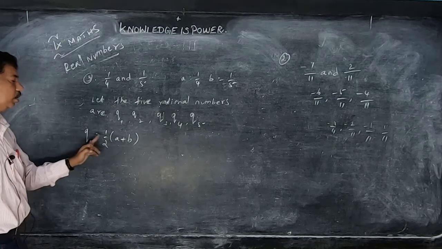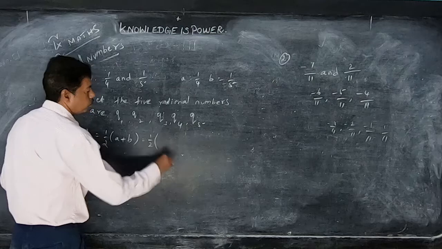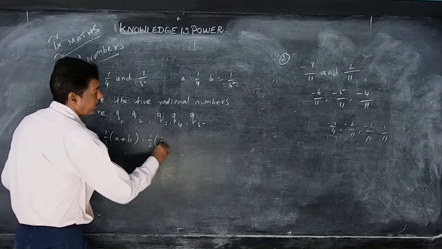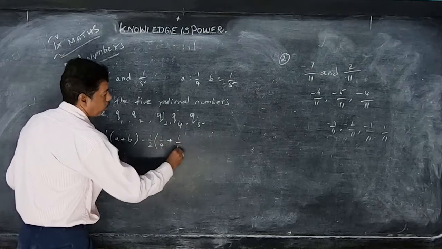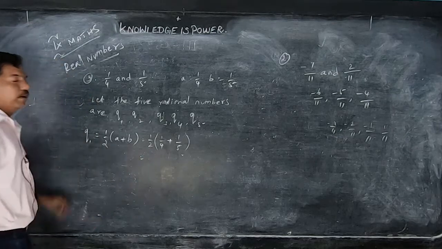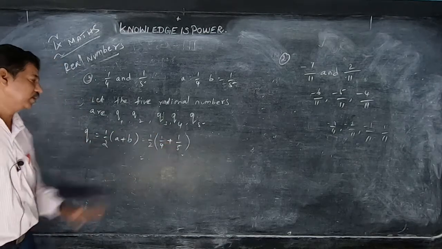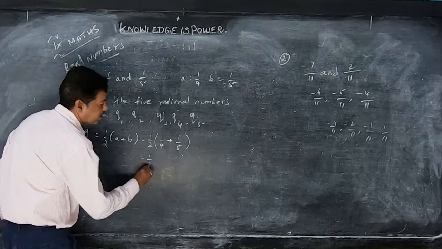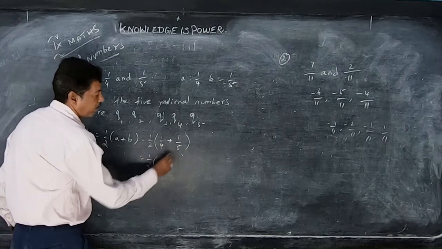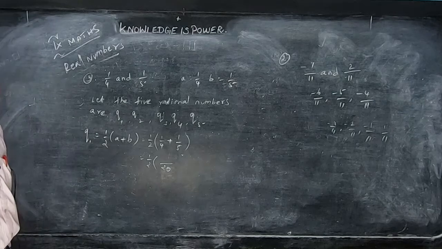Q1 equals half into A plus B. So 1 by 2, A is 1 by 4, B is 1 by 5. Look carefully. 1 by 2 into 1 by 4 plus 1 by 5. Now we have to find the LCM for both. The LCM of 4 and 5 will be 20.